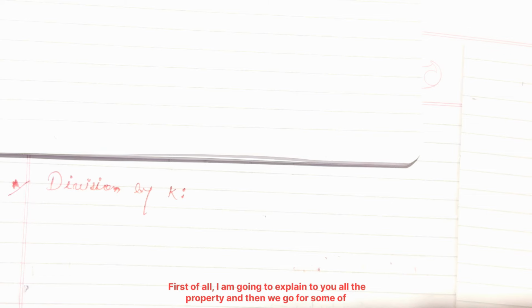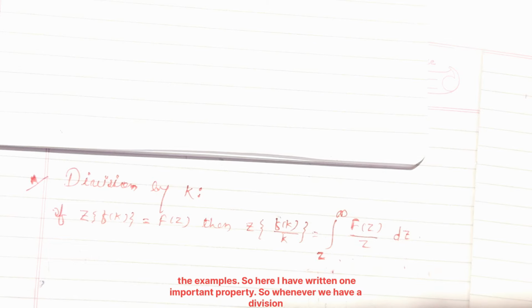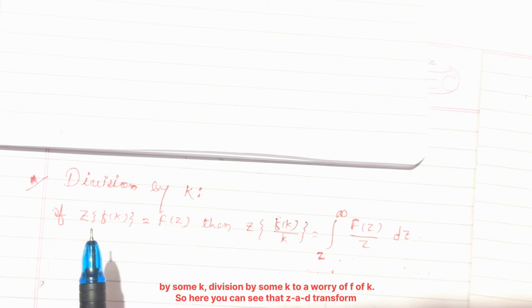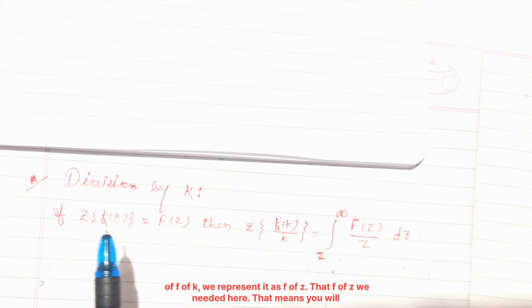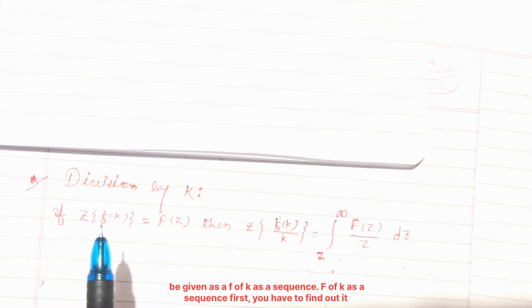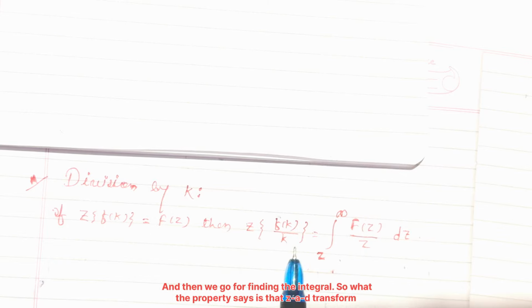First I'm gonna explain the property, and then we go for some examples. Whenever we have division by k applied to f of k, the Z transform of f of k is represented as F of z. That means you will be given f of k as a sequence, first you find its Z transform and represent it as F of z, and then we go for finding the integral.